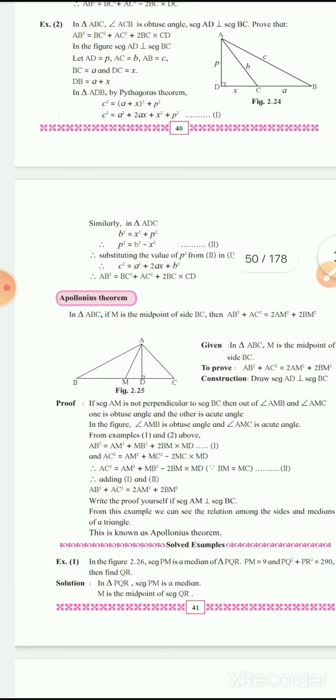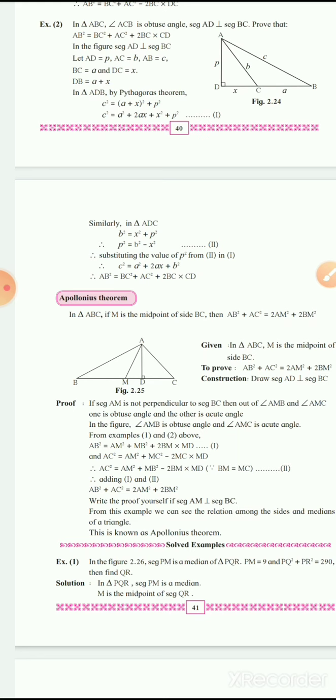the Apollonius theorem. This is a theorem also important for solving the examples of our practice set 2.2 and problem set 2. Let us see Apollonius theorem.